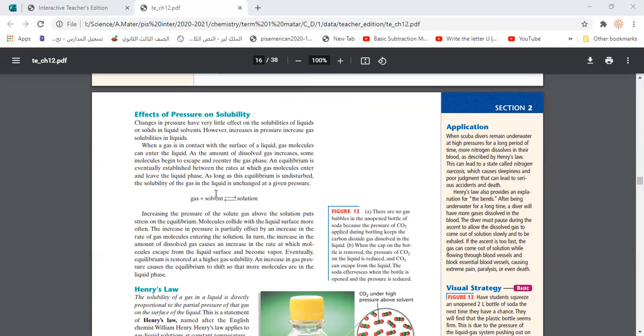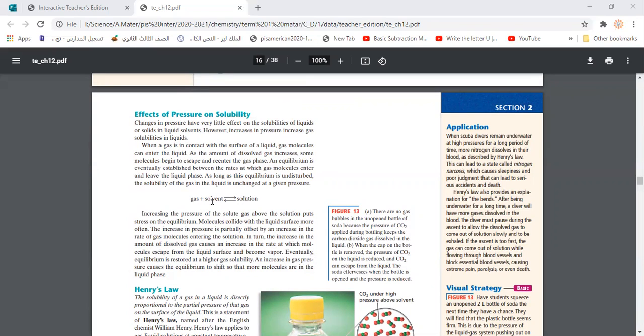Some of the gas dissolves in the liquid, and some of the gas particles in solution escape and turn again into the gaseous state. So in normal conditions, each gas has a certain limit of solubility, a certain ratio to the solvent, and this ratio never changes.